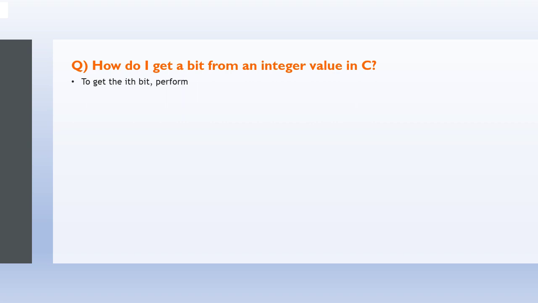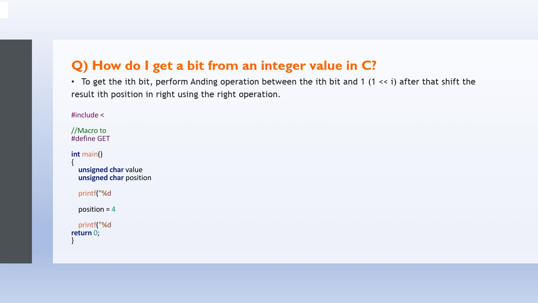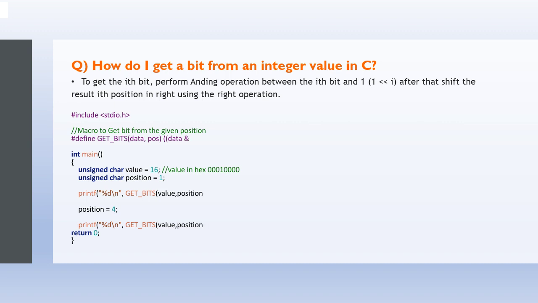How do I get a bit from an integer value in C? To get the ith bit, perform an AND operation between the value and 1 left shift i. After that, shift the ith position to the right using the right shift operation. So I'll have a macro to get a bit from the given position: GET_BIT(data, pos) ((data & (1 << pos)) >> pos).